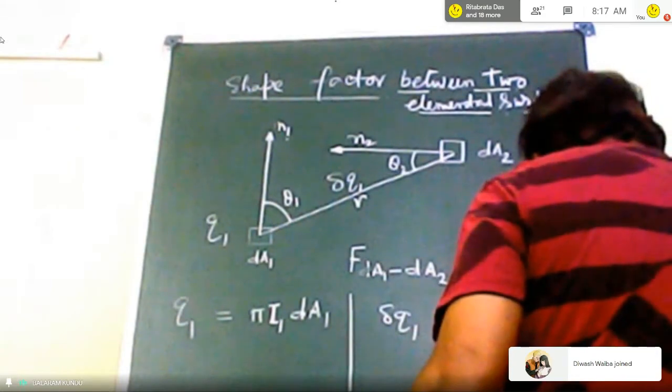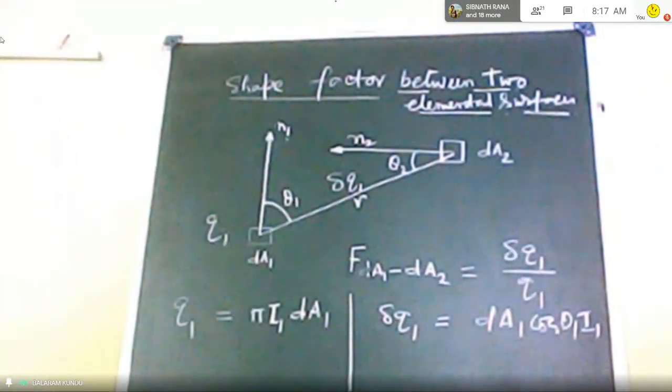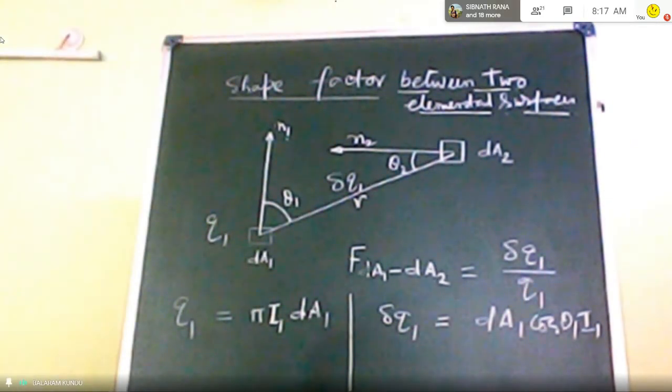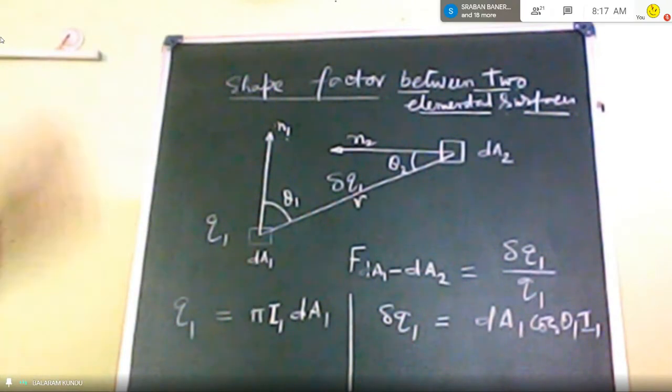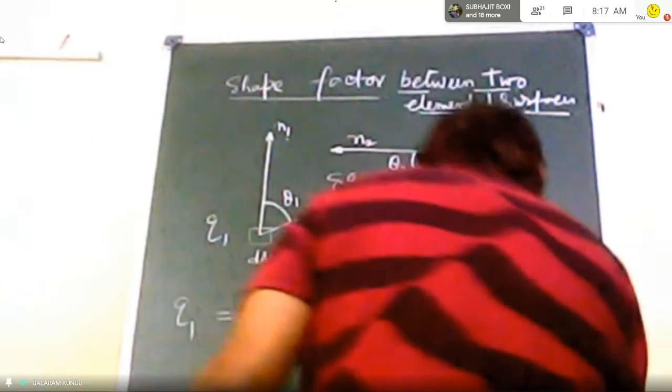This area should be considered in the intensity term. So it's into the intensity multiplication factor, I1, into, from the definition of spectral blackbody radiation intensity, one solid angle, which should be considered here. So the solid angle d omega.